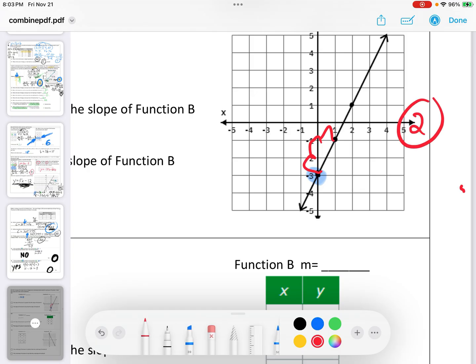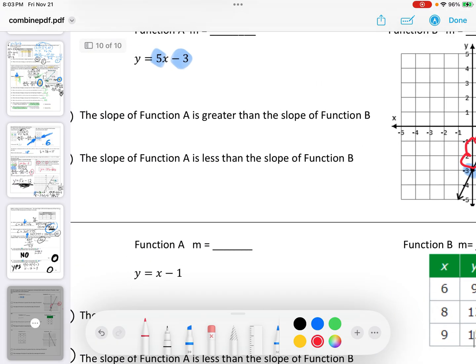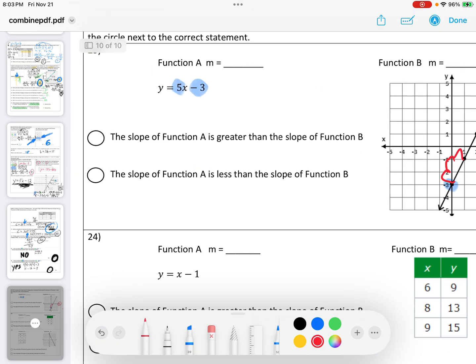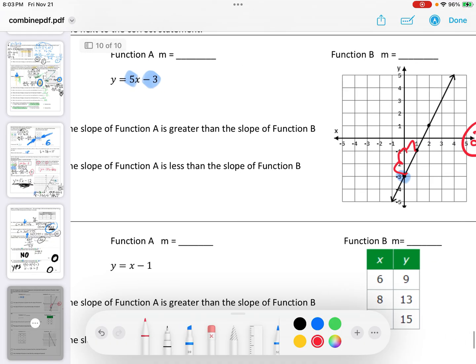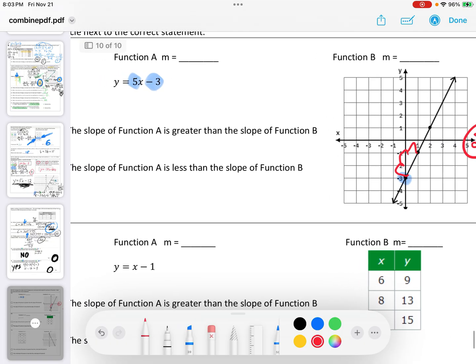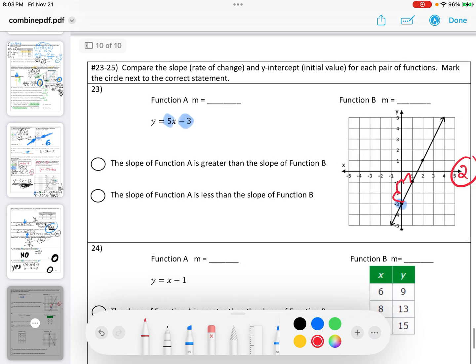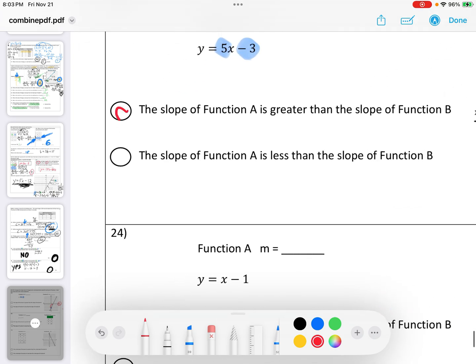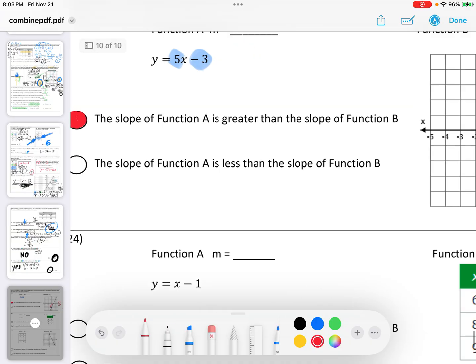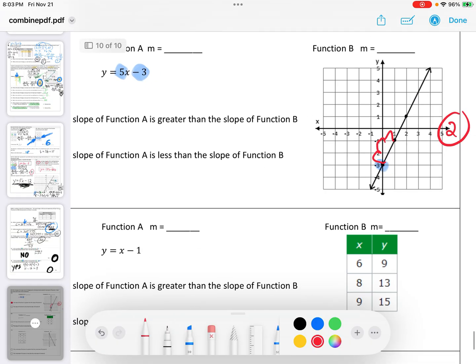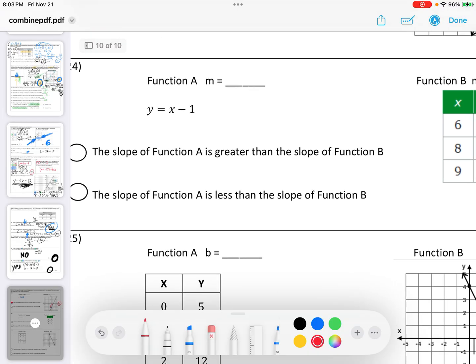It's 2. 2 over 1. All right. The slope of A is greater than slope of B. Well, we're comparing 5 to 2. That's correct. This is correct. The slope of A is less. 5 is not less than 2.